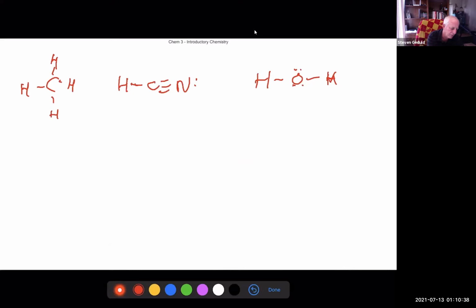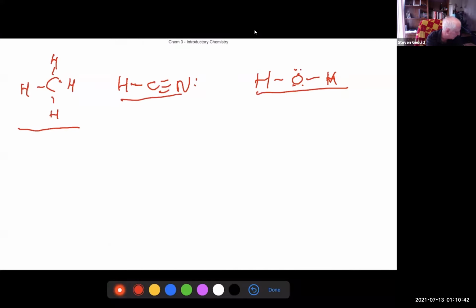So look at these three compounds here. Which one would have the highest boiling point, highest melting point? Okay. You should be able to tell by now which has the lowest melting point, which has the highest melting point or boiling point.